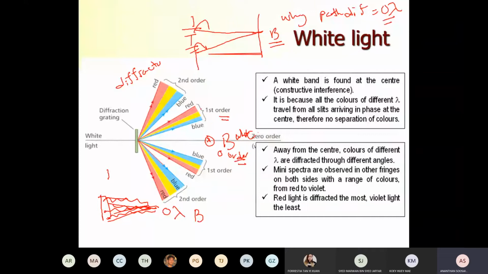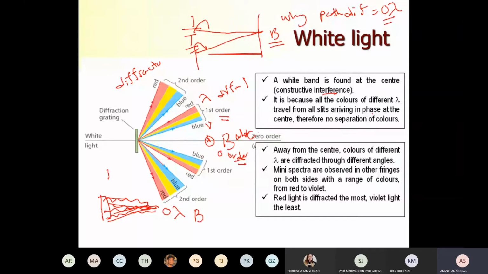So the first order will be a spectrum. The blue will be the closest; in other words, the violet will be the lowest and the red will be the furthest. The reason is that a big wavelength will diffract more, so it will appear further from the center. So you'll get the spectrum as shown here. A white band is found at the center of constructive interference because all colors of lambda travelling from each slit arrive in phase at the center.